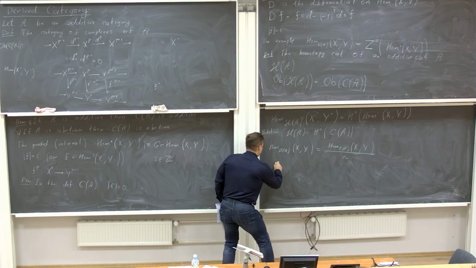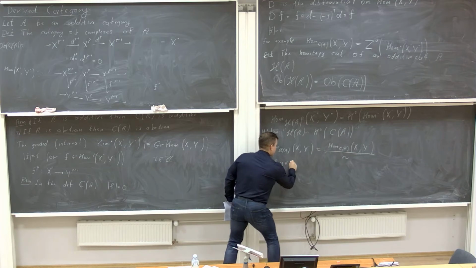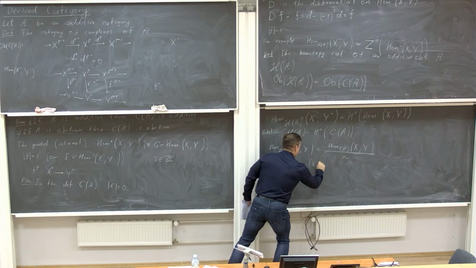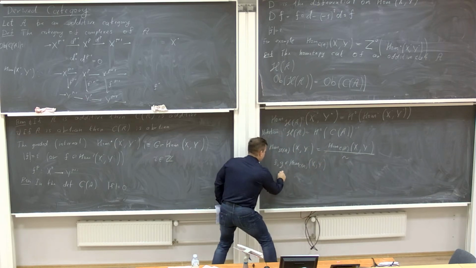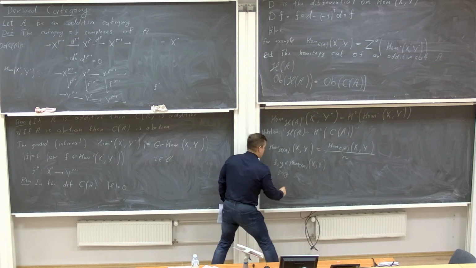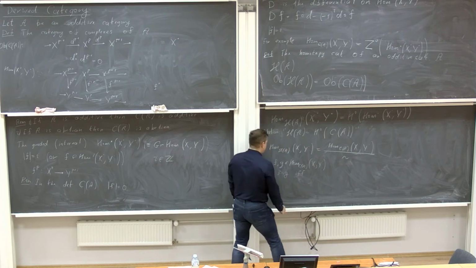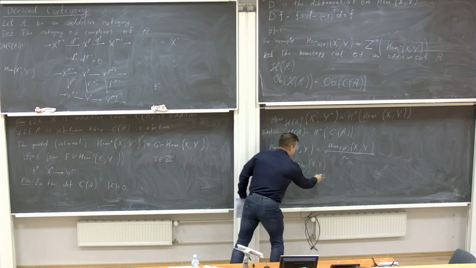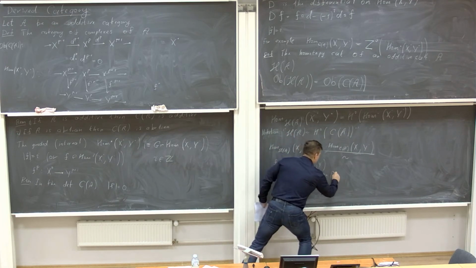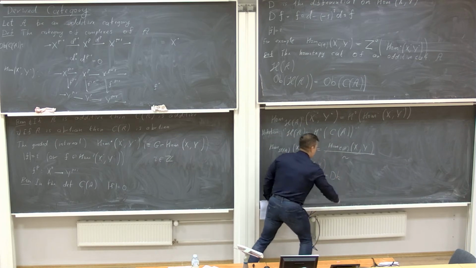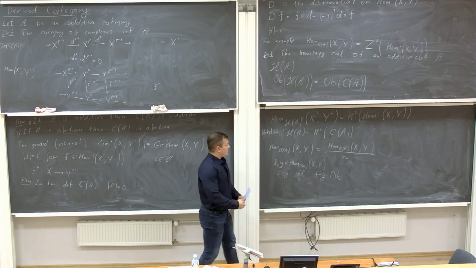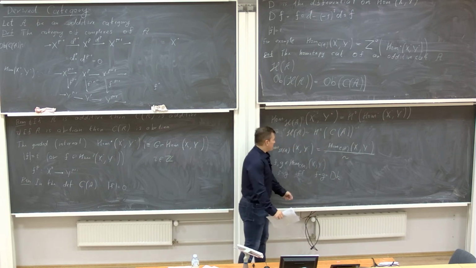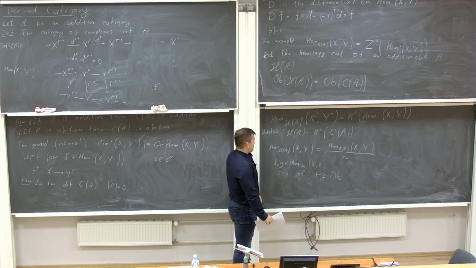If I have, say, F and G in the Hom in C of A, between X and Y, these two things are equivalent, F is equivalent to G, if and only if, by definition, the difference F minus G has to be large d of something, of h. By definition, I want to take the quotient by the boundaries, by the image of the differential d.